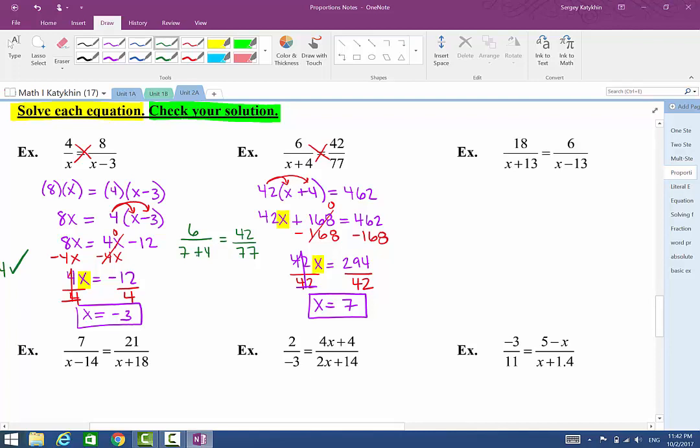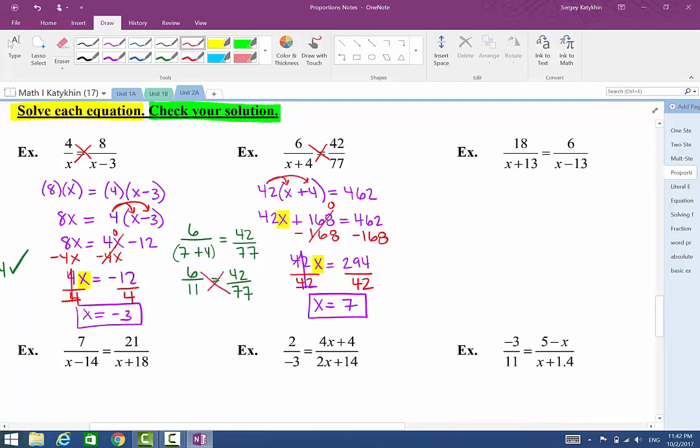Now notice here what we have to be careful of is this is a group being brought together. So order of operations tells us we need to add those two things together. So we get 6 divided by 7 plus 4 would be 11 is equal to 42 divided by 77.